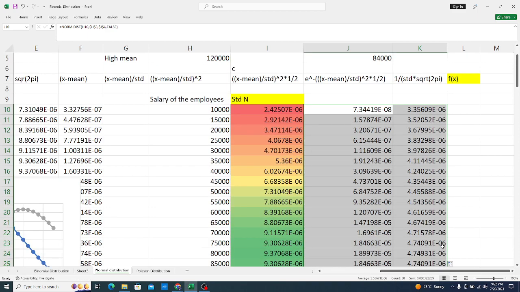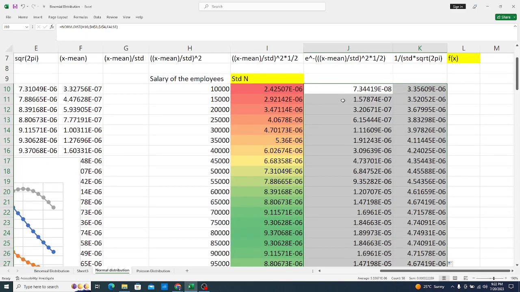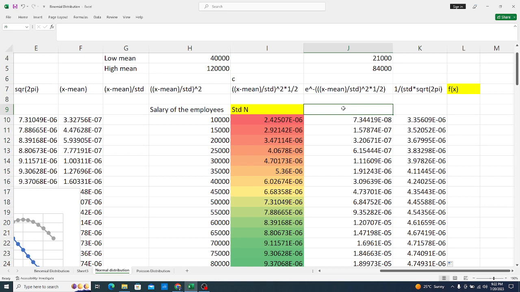Okay, I'm just going to drag this down. So this is with, let's say, a small standard deviation, and this is with a big value of standard deviation.